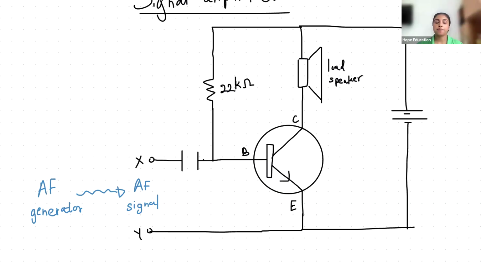Okay. So this is how we can use a transistor to amplify a signal. Now we are amplifying a signal.